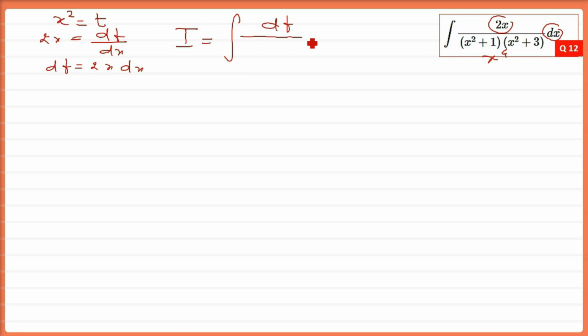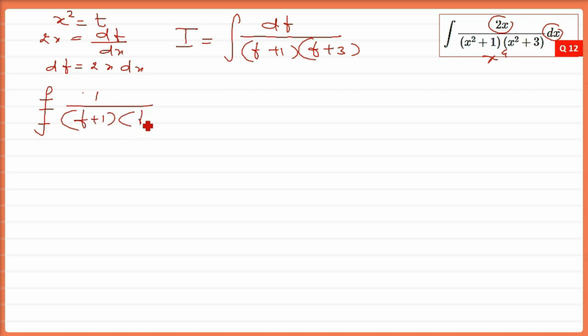We'll replace this here, so the integration becomes the integration of dt divided by t plus 1, the first factor, and t plus 3 as another factor. Right now we are not integrating, we are just trying to form partial fractions out of 1 by t plus 1 multiplied by t plus 3 in the denominator.